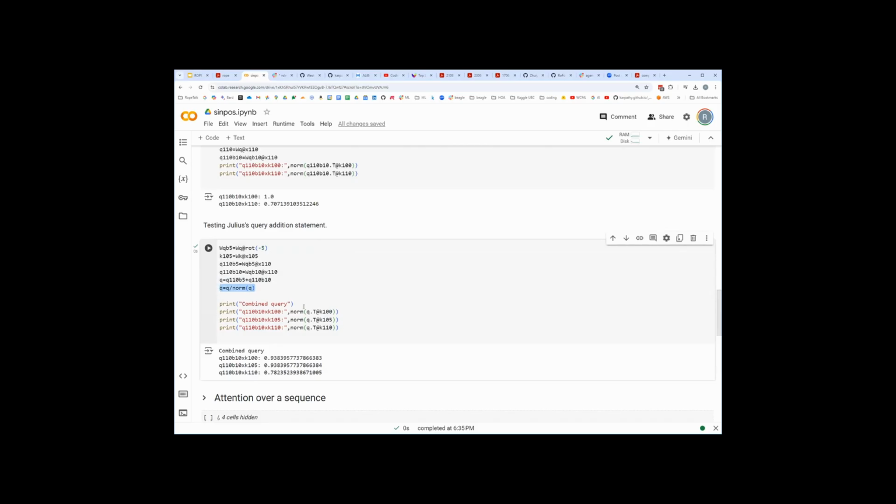Then I tested the combined query against the keys at 100, 105, and 110. And we could see we got pretty good matches at both 105 and 110, as we would expect. So that's, Julius, your idea of adding queries together to be able to query on both points. Does that make sense?